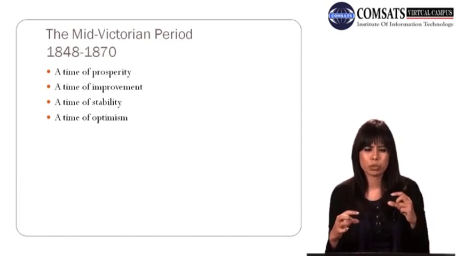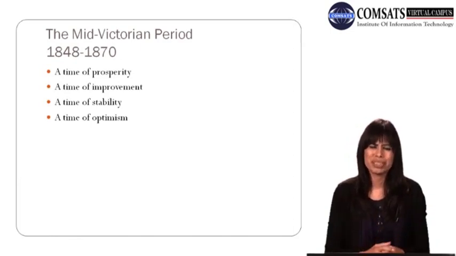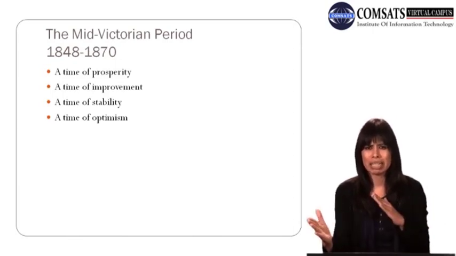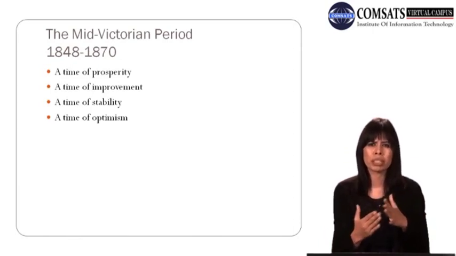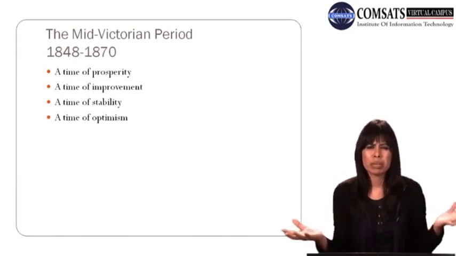Basically it's a time of prosperity, a time of improvement, a time of stability, a time of optimism as well. So you'll see the rays of hope here in the Mid-Victorian period, after that kind of anxiety, restlessness, unemployment, poverty in the society, and many other issues.